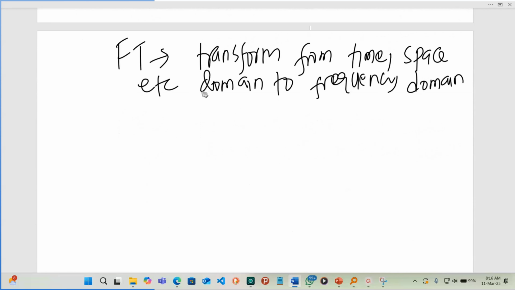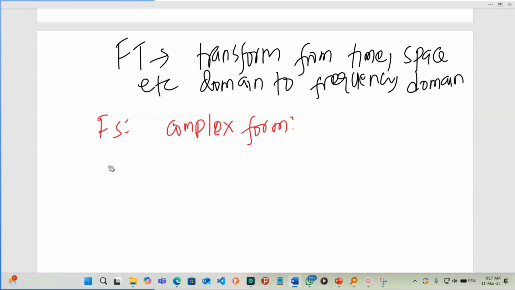Now, a Fourier series can be represented in complex form, because the complex form is what can represent the signal in terms of its amplitude and frequency.